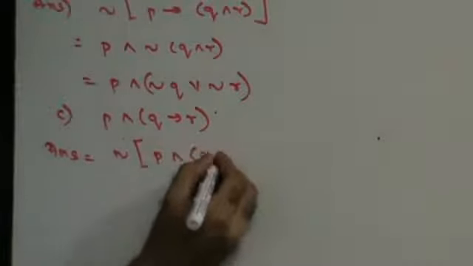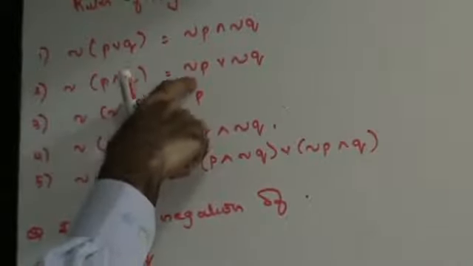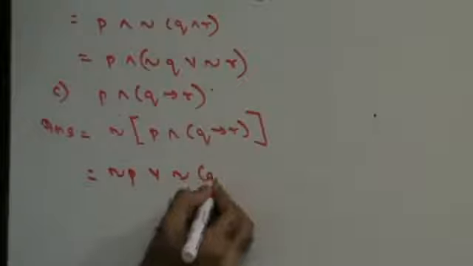Next, let's see another sum of this kind. P and Q implication R. Right? I want negation of this. That means I want not of P and Q implication R. Now the rule says, guys, see the rule. First condition, second condition, I want not of this. So it is not of first condition or not of second condition.